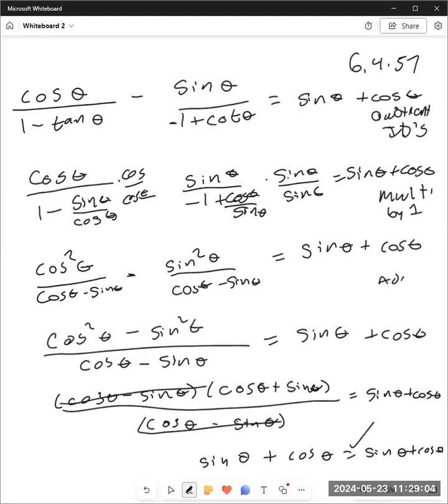Then addition of fractions. And then factoring. Then cancellation. And commutative property of addition.